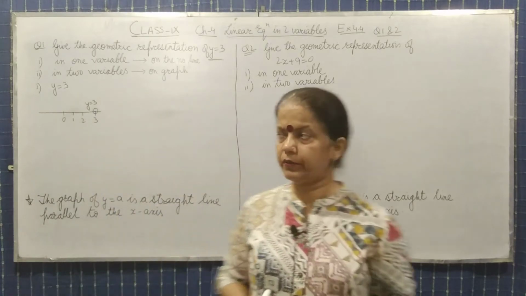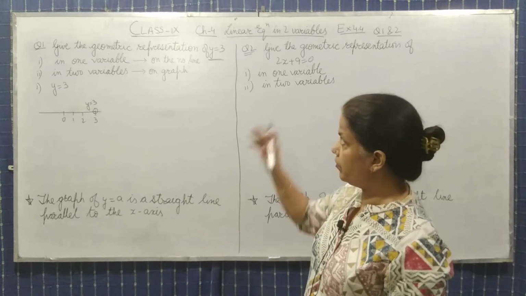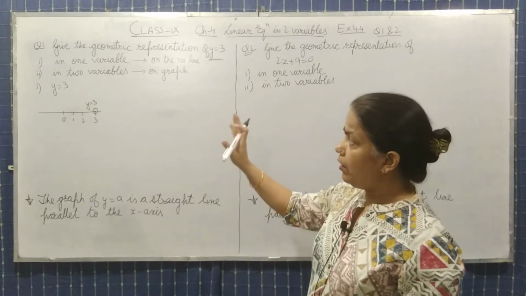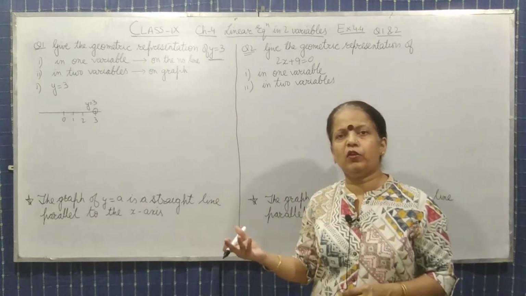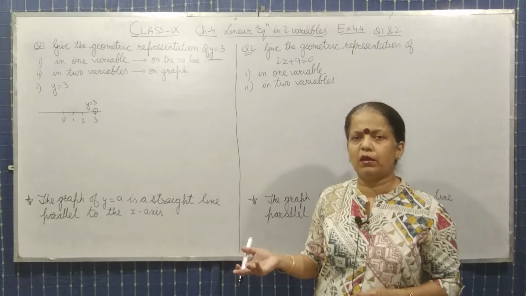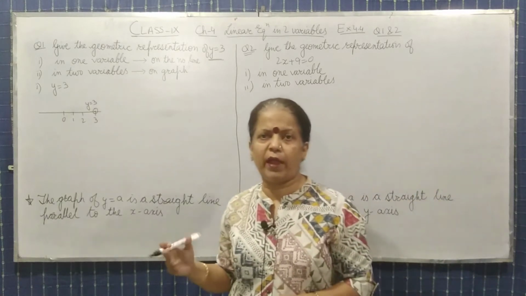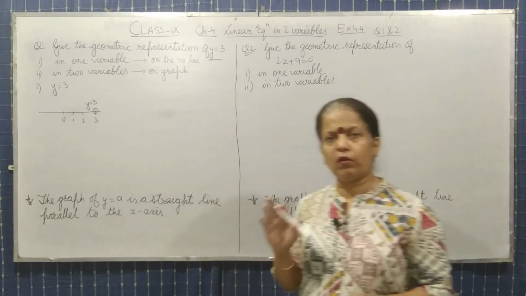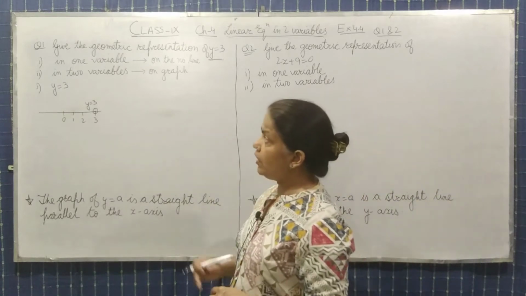The representation of the linear equation on the number line will be only y equal 3, as you did in your junior class, how to represent a number on the number line. This means on the number line there will be no x or y axis. So you have to represent only the number. Is it clear?